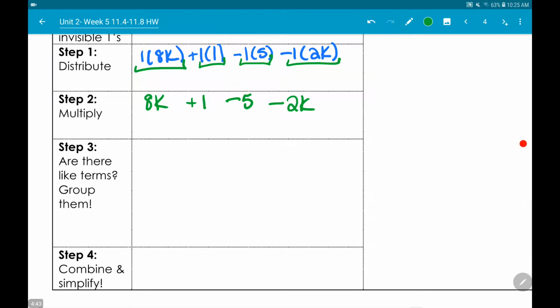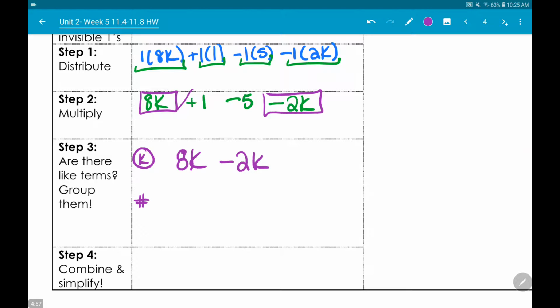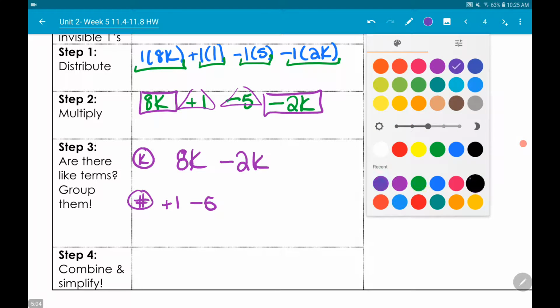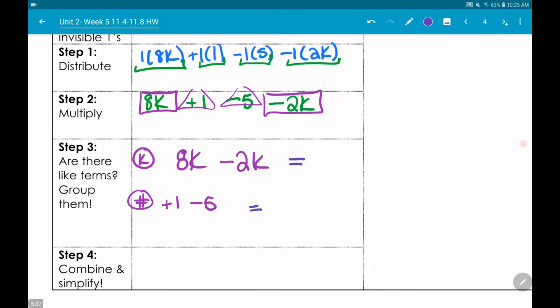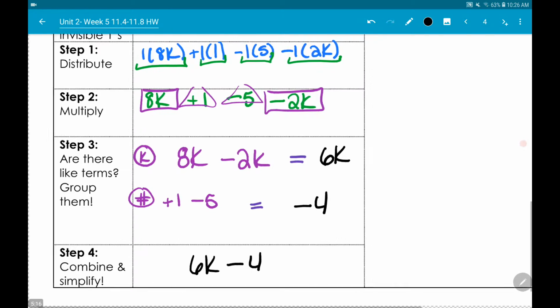Are there any like terms? If yes, group them. So I have my k group, 8k and negative 2k. And then I have my number group. Simplify. So my final answer is 6k minus 4.